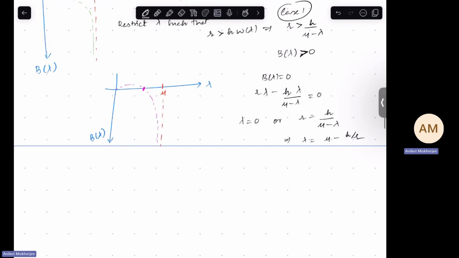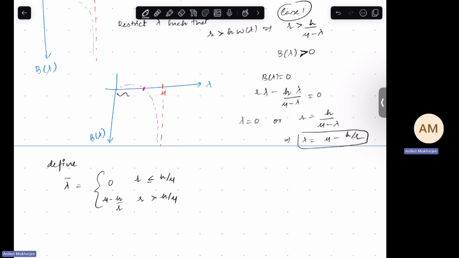So now what we do is we define lambda bar such that it is 0 if r is less than or equal to h by mu, or it is this term, mu minus h by r, if r is greater than h by mu.